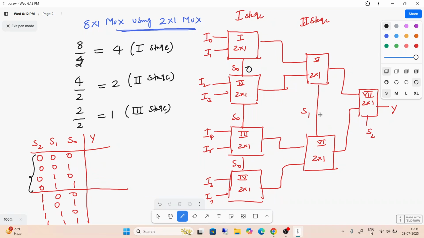This is 0, this is 0 and this is 0. So when it is 0, I0 is connected, and this line is connected, and this line is connected. So Y equals what?